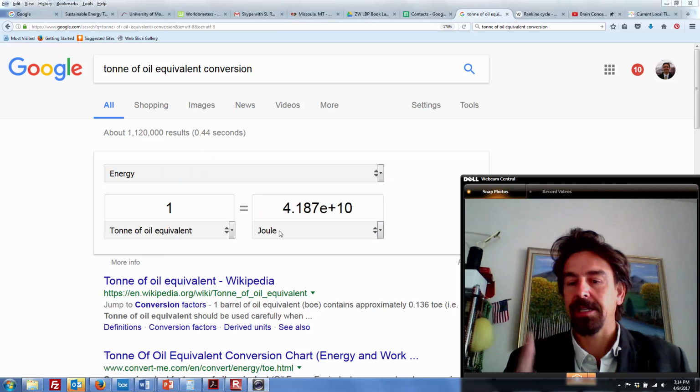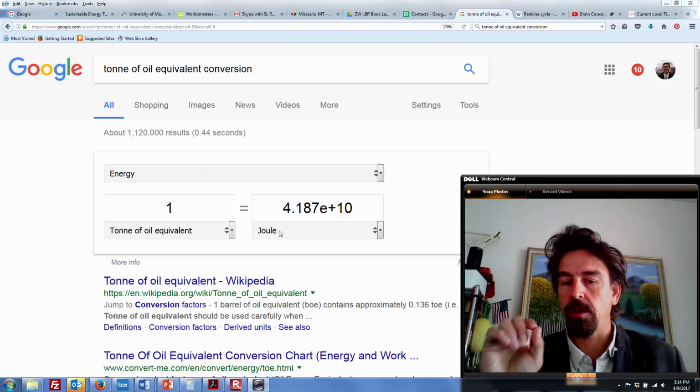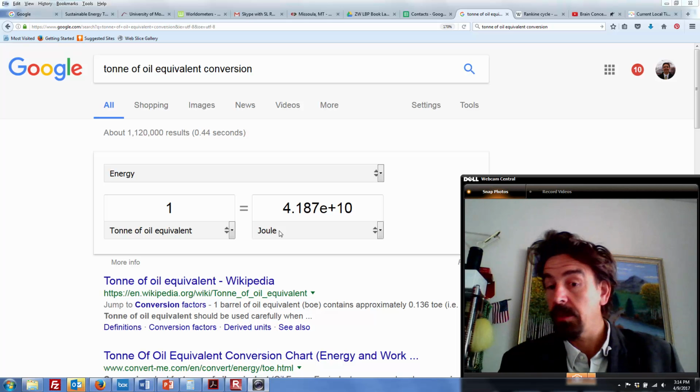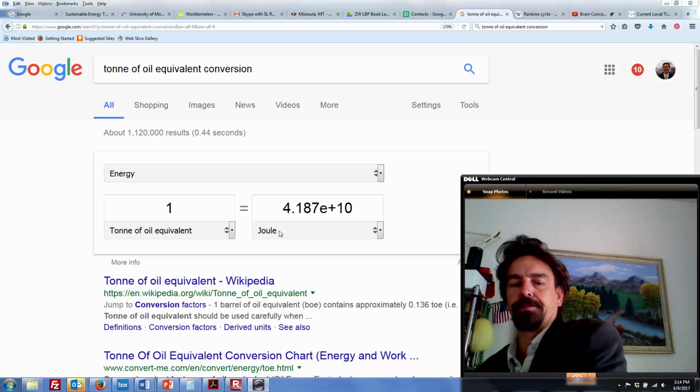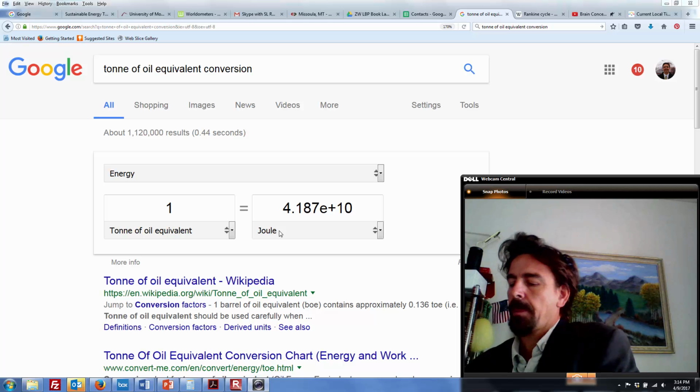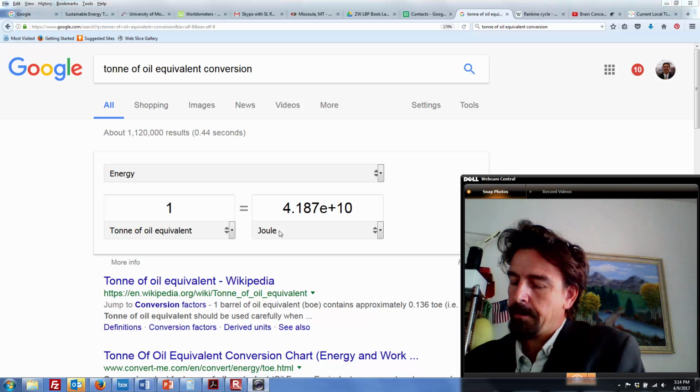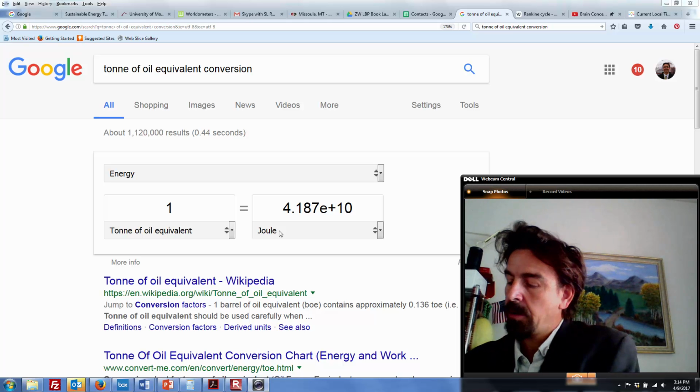Okay, so that's the same. So 1 ton of oil has that much energy. Now let's write that out scientifically. Okay, so 1 metric ton oil equivalent equals 4.187 times 10 to the 10th joules.